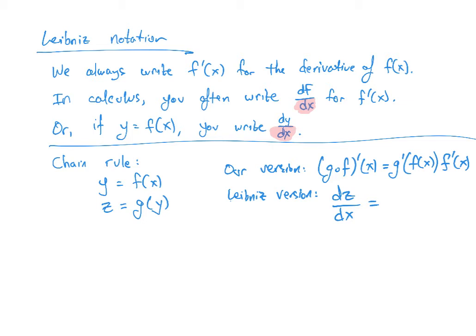Well, on the right-hand side, the derivative of g is just dz/dy, and then the derivative of f is dy/dx. And look, if you abuse this notation and view these as fractions, those two cancel.